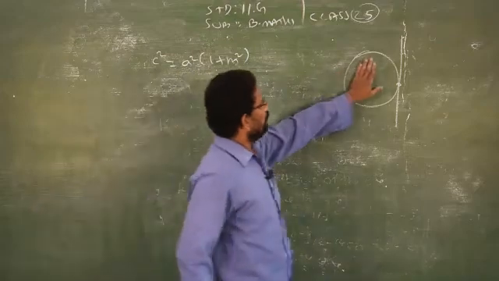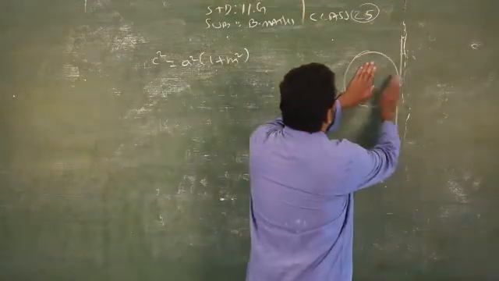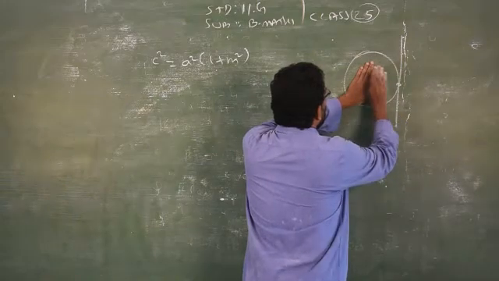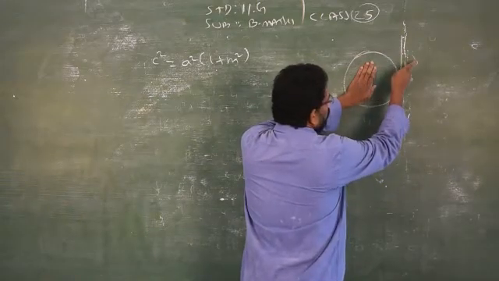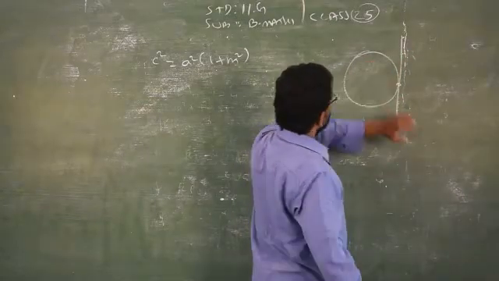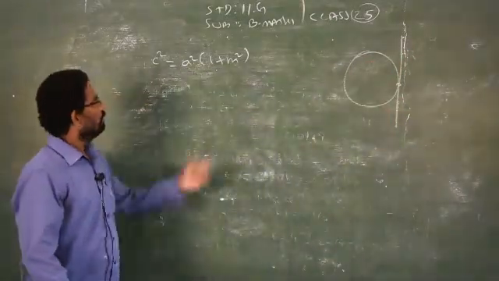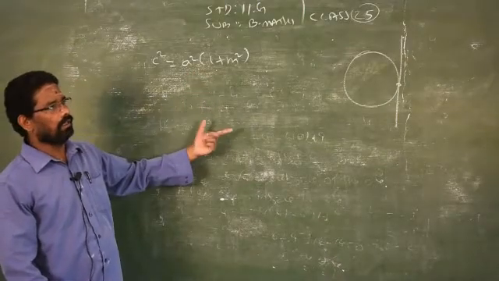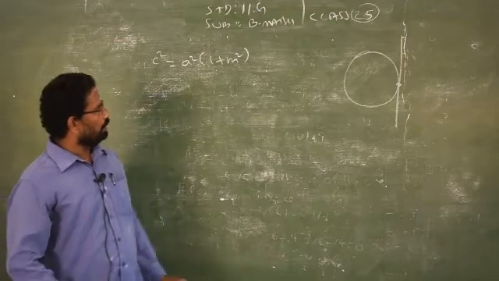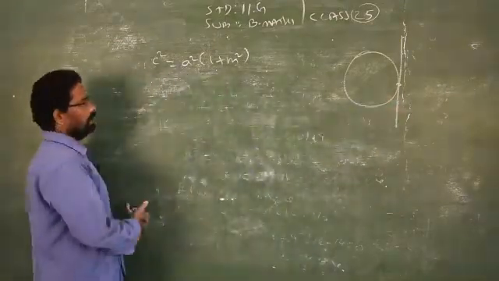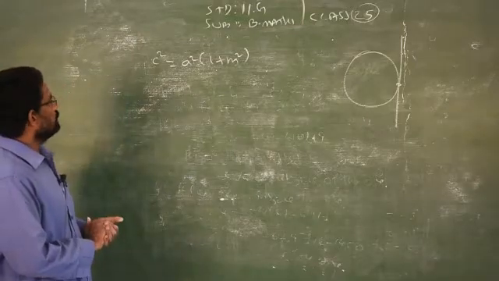Clear? So, this circle and tangent should coincide, that is the circle has the given straight line as tangent, based on this condition. So, once this condition is satisfied by the circle and the straight line, then the straight line is tangent to the given circle or the circle has the straight line as tangent.